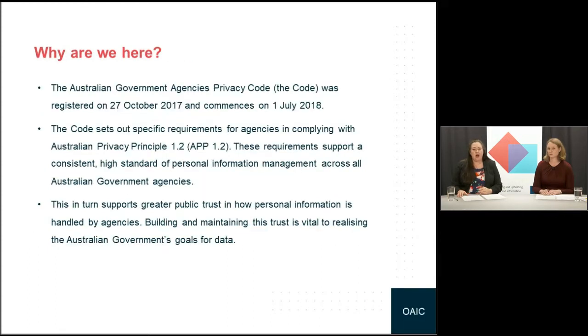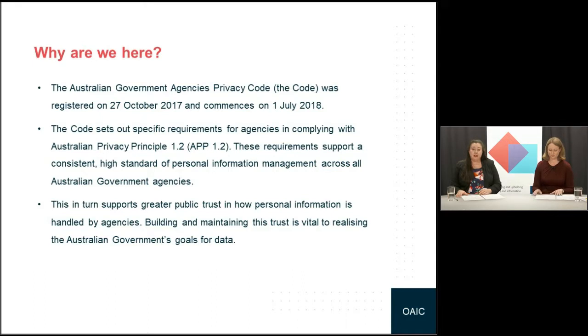It might be helpful to start with a recap of why we're here. Having a PMP is one of the requirements of the code, which was registered on the 27th of October 2017. In combination, the code requirements support a consistent high standard of personal information management across all government agencies.